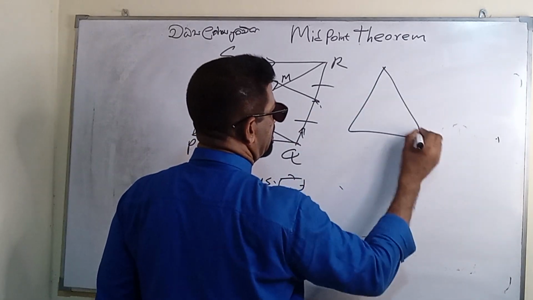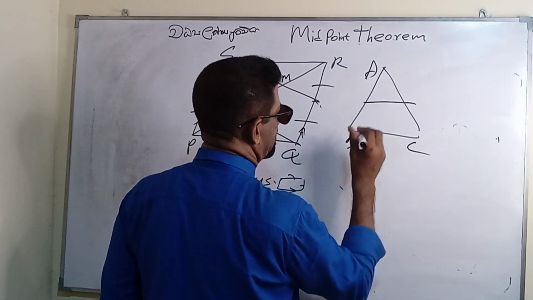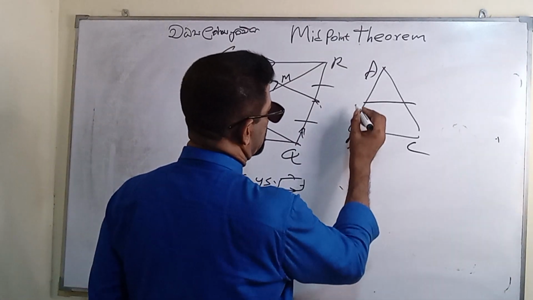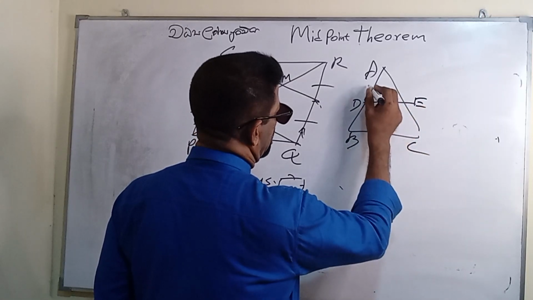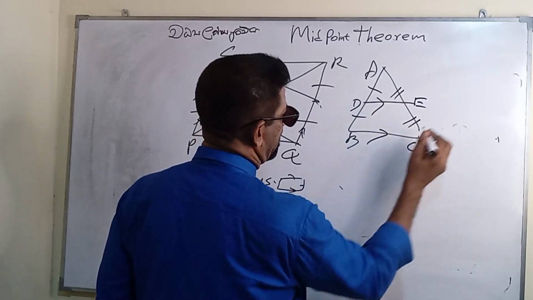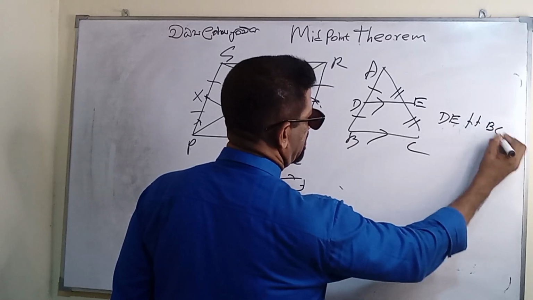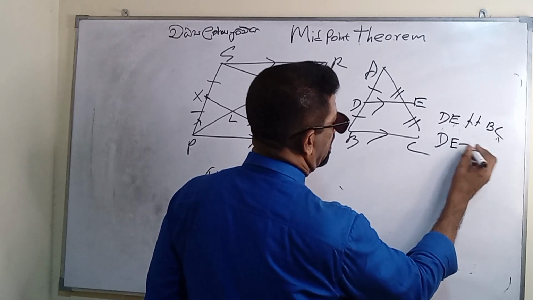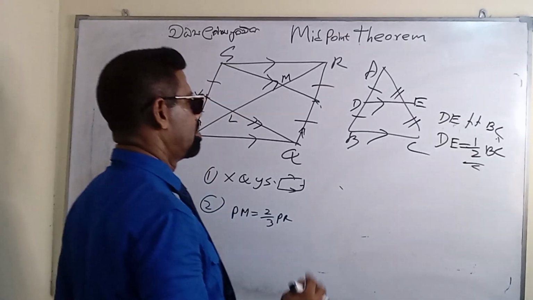First, the normal midpoint theorem: in a triangle, the line joining the midpoints of two sides is parallel to the remaining side, DE parallel to BC. Second, that line equals half the remaining side.